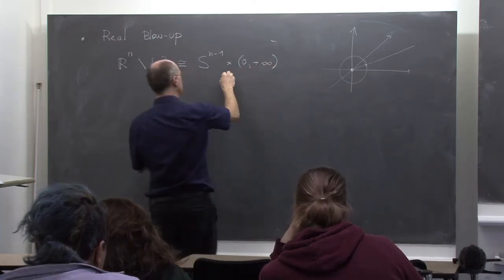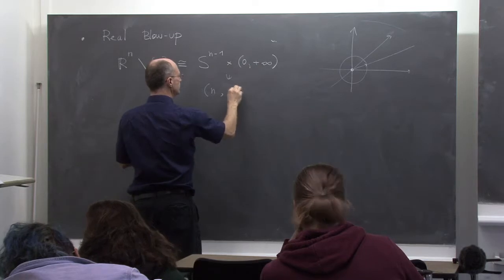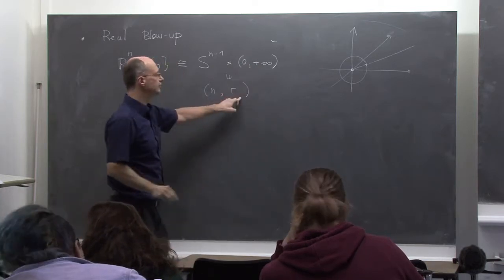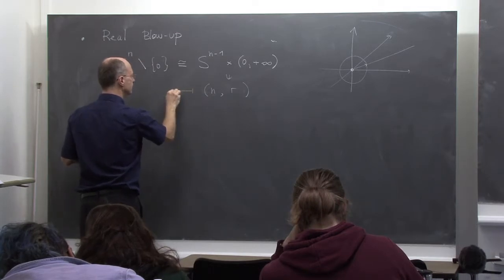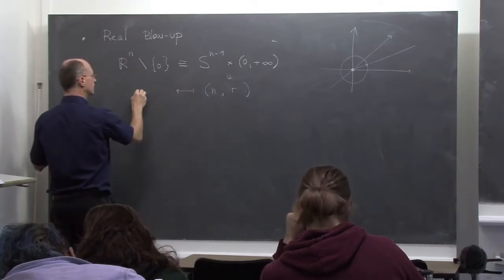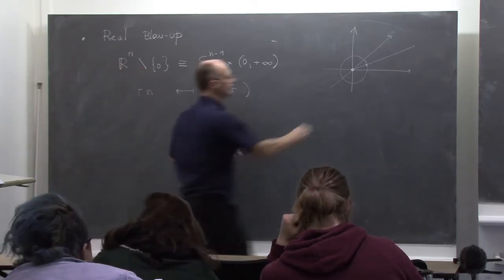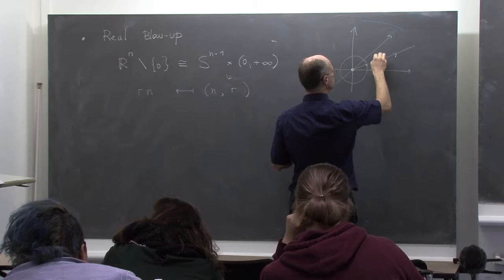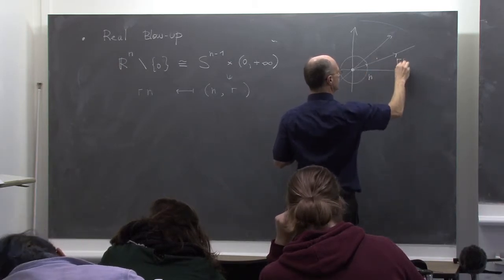So here an element would be a point on a sphere, and here a positive real number. So the map from here to there is simply multiplying r by n, right? So an arbitrary vector is, so this is n, and this is r times n.